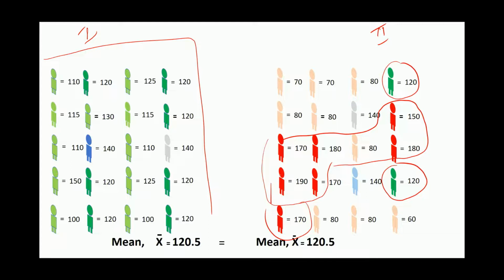Even though the mean appears to be normal, each of these values shows that this mean of 120.5 is due to a lot of lower values and a lot of extreme high values. So this is a group with more hypertensive and hypotensive subjects.